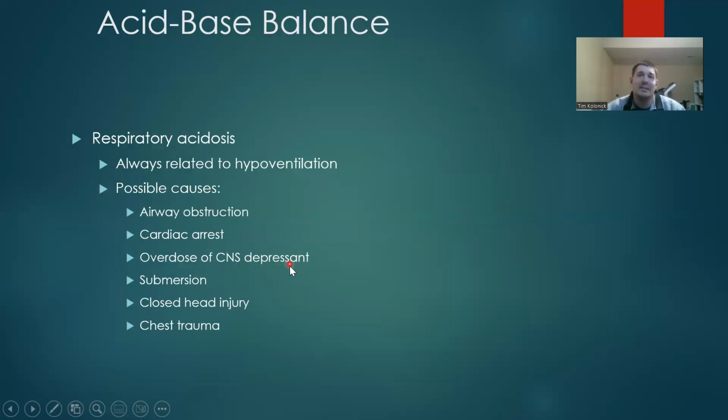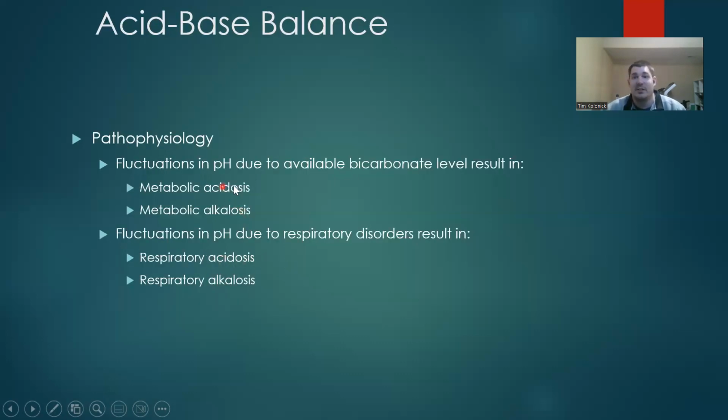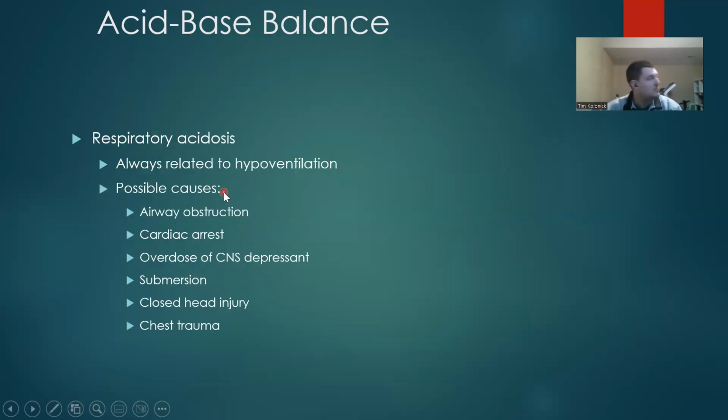The problem is in the field, it's really hard to tell the difference sometimes. Okay. So respiratory acidosis is always related to hypoventilation. So if you're not breathing fast enough, okay, you're going to become acidotic. Okay? So we can fix that by breathing a little faster with the BVM.